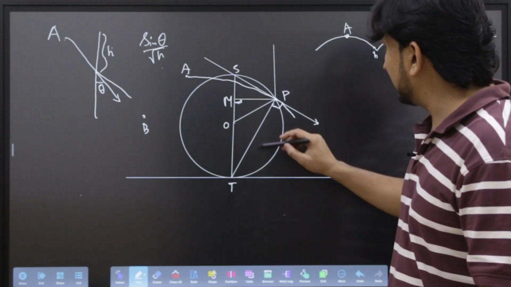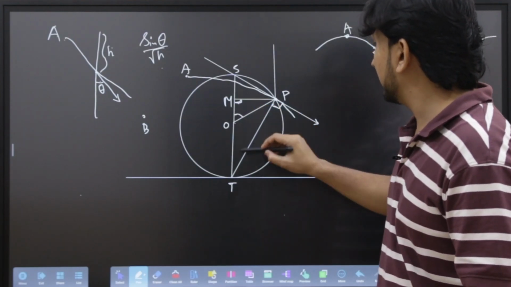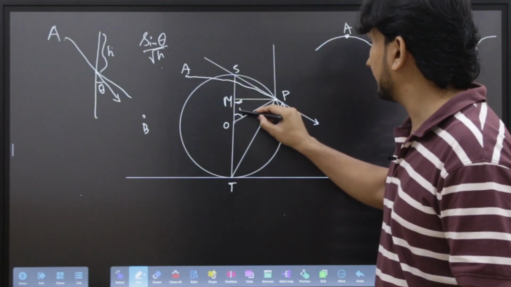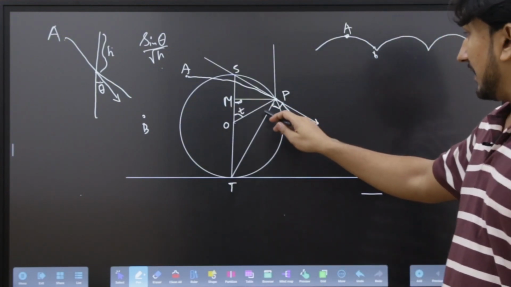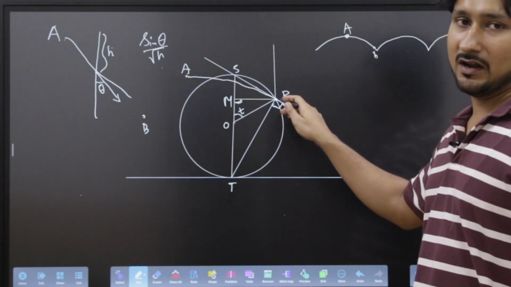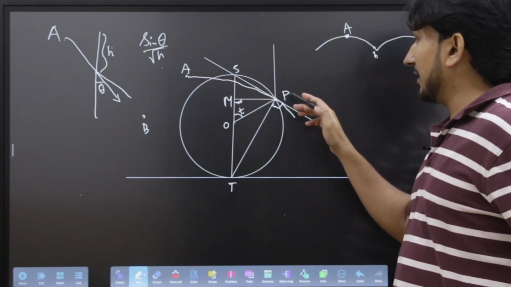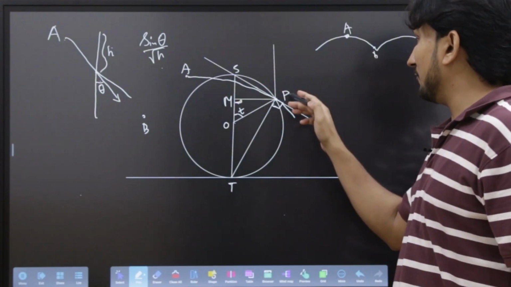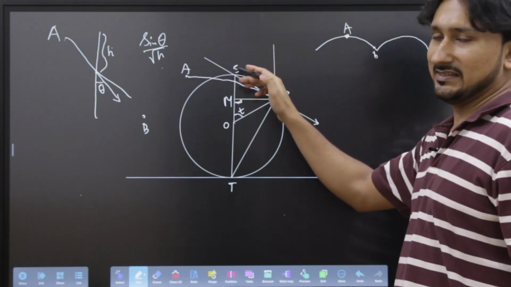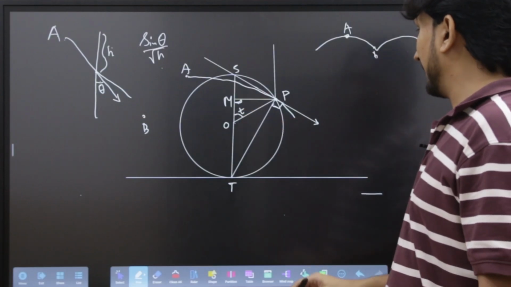I will call this angle T. T is the angle by which the particle has moved so far from A. Because remember, when the particle was starting from A, P was at the topmost position, it was at S. Now it is here, so it has moved by this much angle.